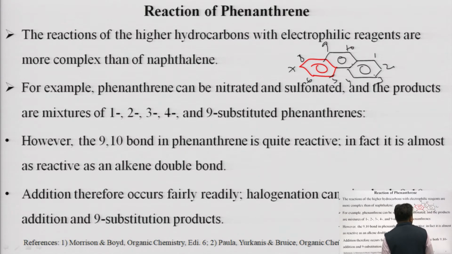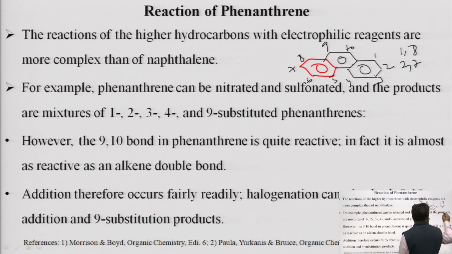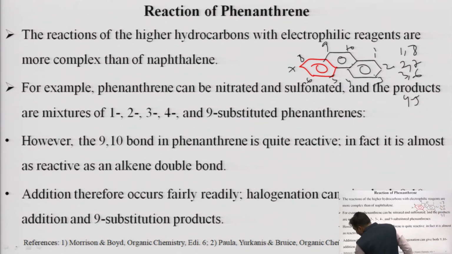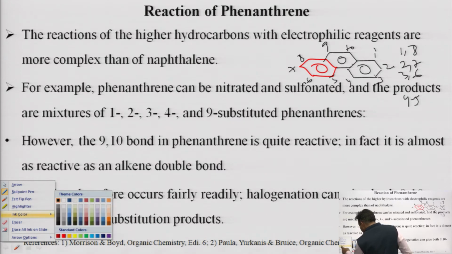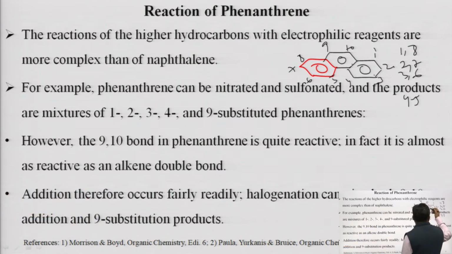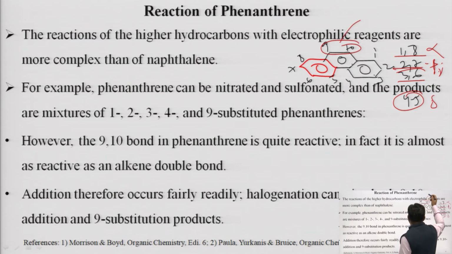If we go for the analysis, we find that carbons 1 and 8 are equivalent, 2 and 7 are equivalent, 3 and 6 are equivalent, and 4 and 5 are equivalent. So 1 and 8 are called alpha, 2 and 7 beta, 3 and 6 gamma, and 4 and 5 delta. The 9 and 10 carbons are equivalent, and those are the epsilons.